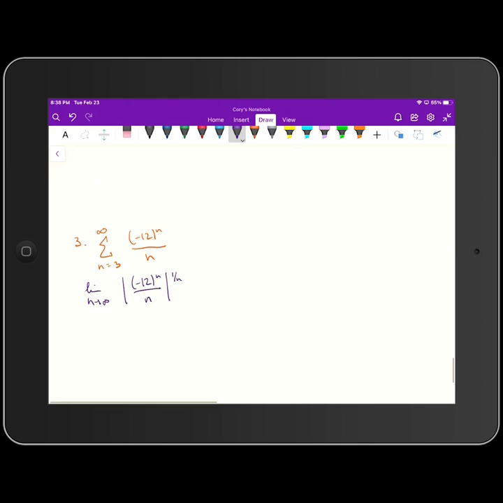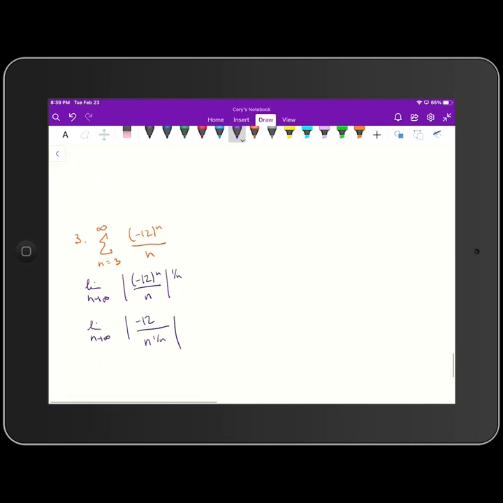In doing so, when I apply that exponent to the numerator, we get negative 12 to the n times 1 over n power, which is negative 12 to the first power. And then we're going to divide that by n raised to the 1 over n power.